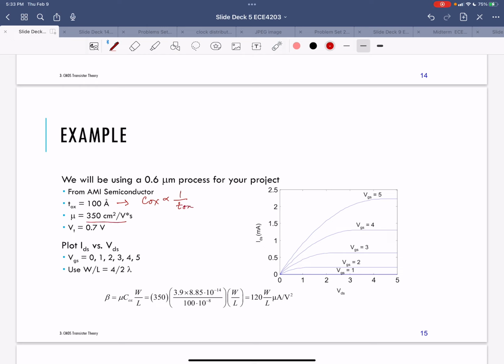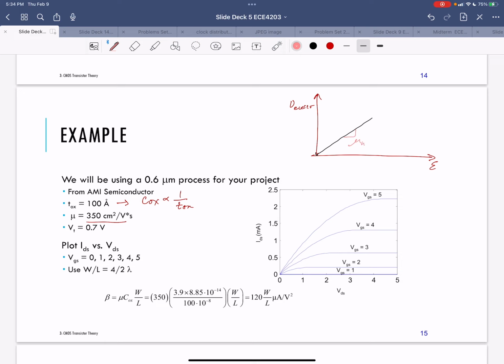The mobility is how fast the electrons are moving with respect to the electric field. So if I were to give you the definition of mobility: if you have an electric field and you look at the velocity of your electrons, as the electric field gets higher and higher, your velocity gets higher and higher, and this slope is the mobility, in this case for electrons.